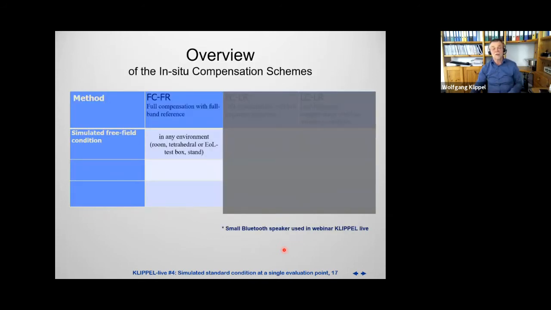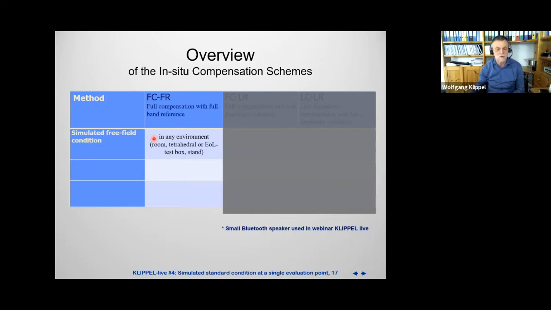And now we are here on the first method. Actually, we will have 3 methods. I'm focusing at the moment on the first one, that is full compensation with full band reference. Here you see the abbreviation. And we can from that generate simulated free field conditions in any environment.